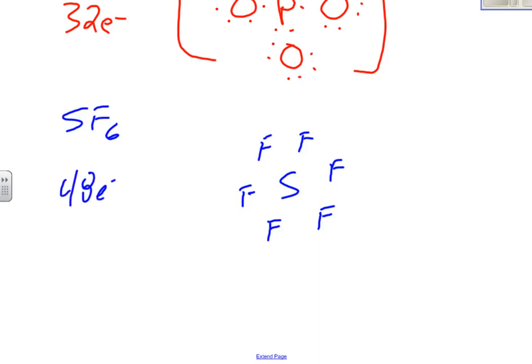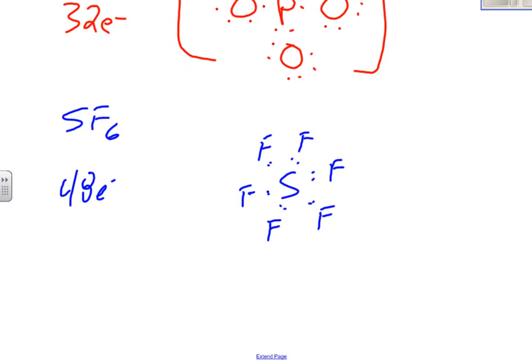So 48 electrons. Now, again, you can start to work on some shortcuts. We're going to put a bond in for each thing attracted to the sulfur. But how many electrons are we going to put around each fluorine total, including the bonding pair? 8, yeah.